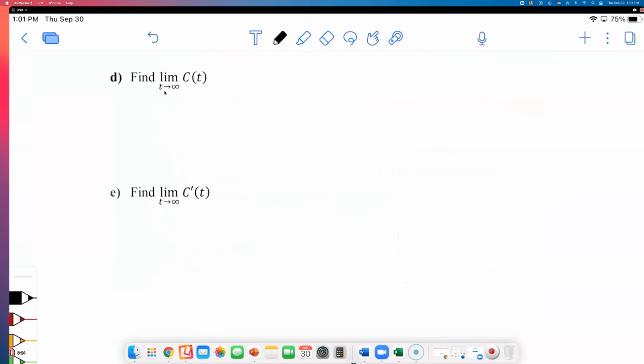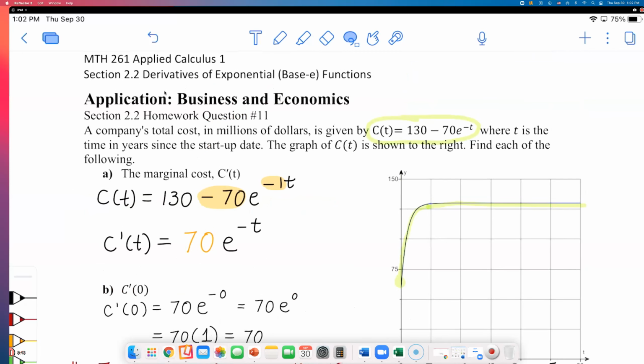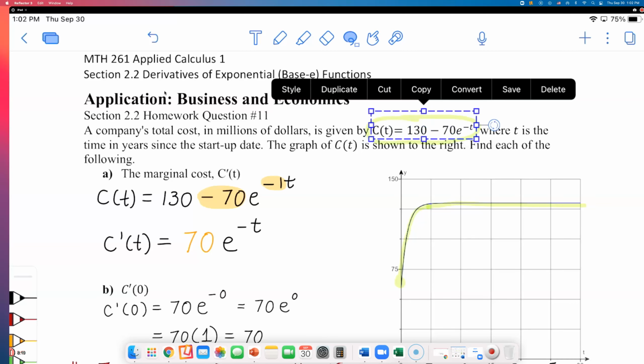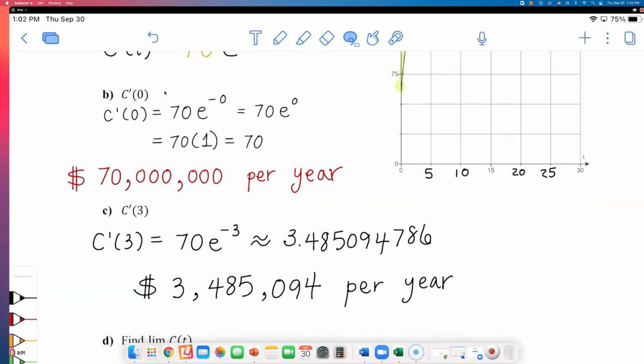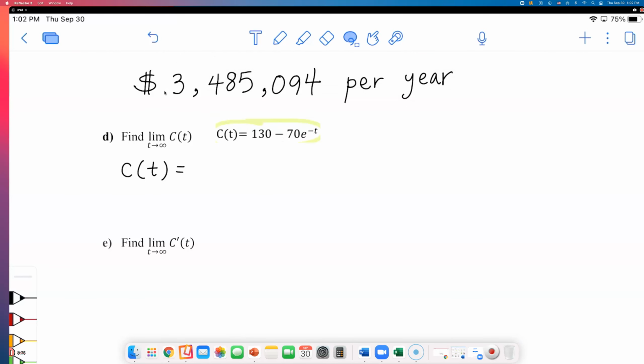I'm gonna go ahead and copy down C of t first. C of t is, hold on, I'll copy this part. I'll bring it down here. But I don't think I want to copy it exactly the same, okay?